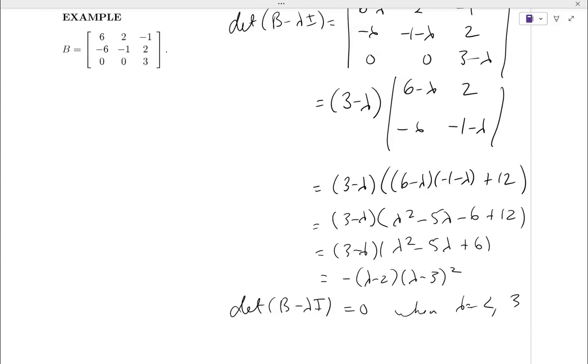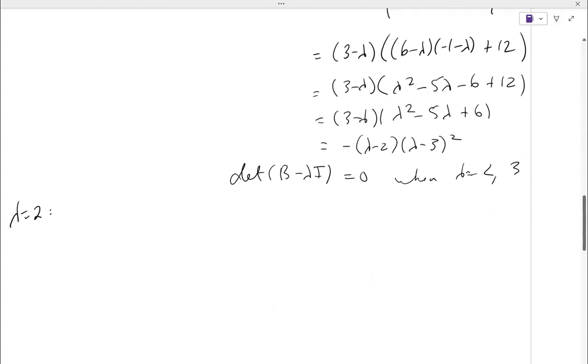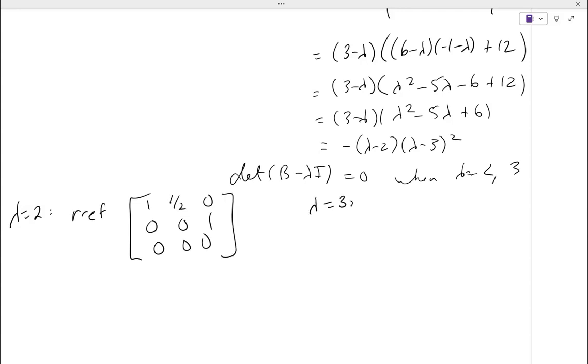The other eigenvalue is 3. So for lambda equal to 2, the reduced row echelon form is 1, 1/2, 0, 0, 0, 1, 0, 0, 0. For lambda equal to 3, we got 1, 1/3, 1 2/3, negative 1/3, and then the rest are zeros.